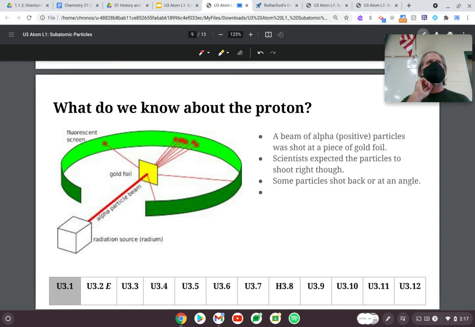This is the equivalent, I always think, of taking a bucket full of marbles and standing in front of a volleyball net and throwing that bucket of marbles at the volleyball net. In theory, every single one of those marbles should go straight through and hit somebody in the face that's standing on the other side.